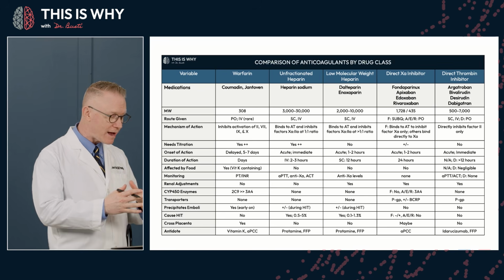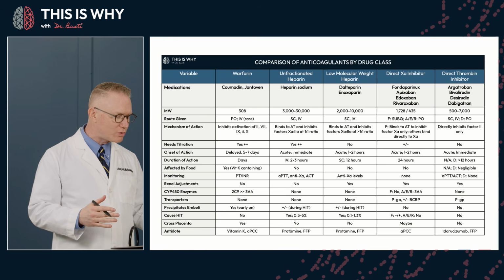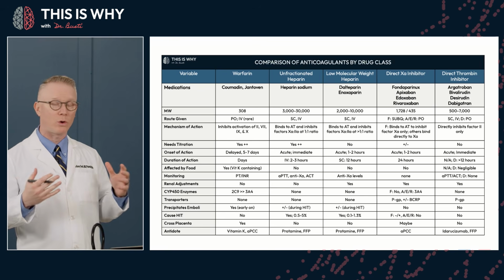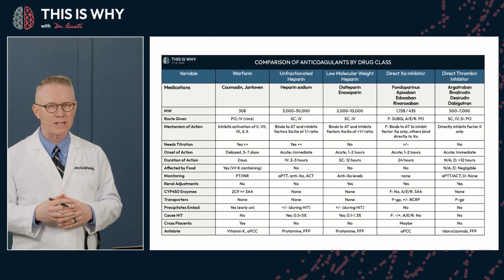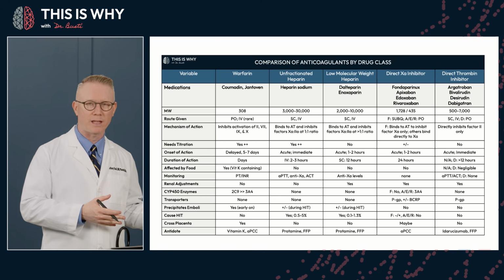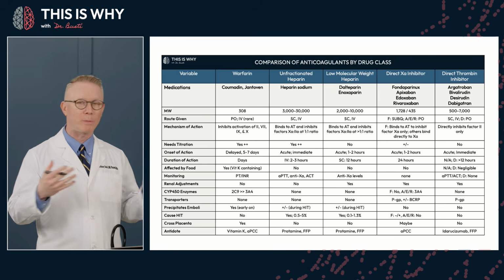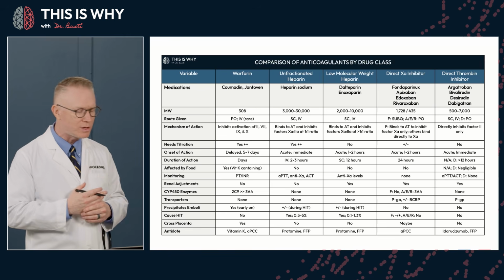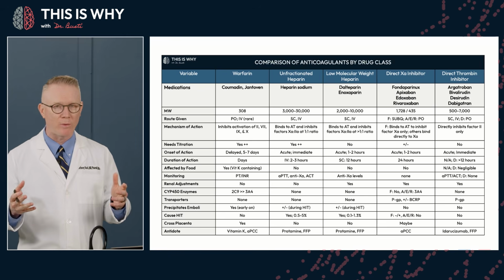I'm not going to walk through every single one of these things, but what I've tried to do in each of the rows is give you some unique factor or characteristics. For example, the molecular weight a lot of times influences the way a drug can be administered, whether it binds to other things, and some of the interpatient variability issues. And we see that the direct thrombin inhibitors are actually fairly small molecules.